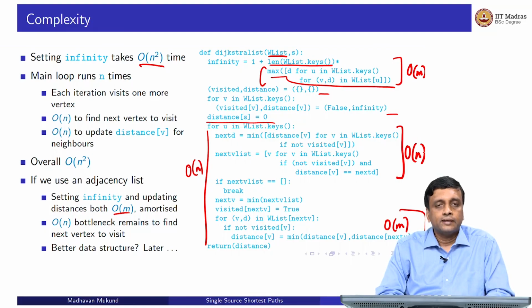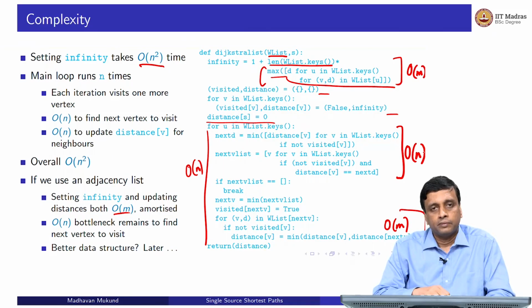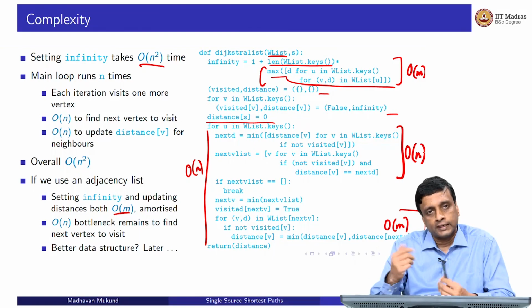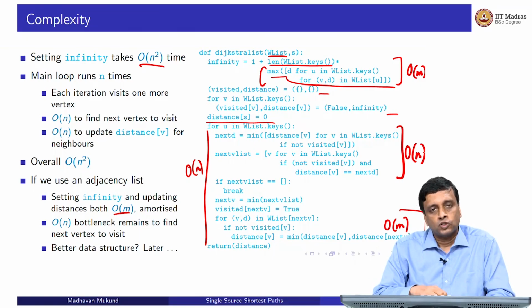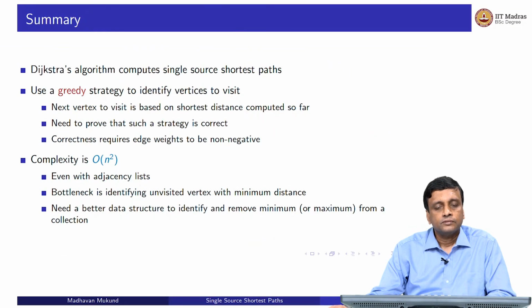We will see later that it is a useful thing to be able to take a collection of values and extract the minimum. If it is sorted, of course, I can extract the minimum, but if it is not sorted, we can still do something clever and extract the minimum fast, and that is what we will need to do. But till we have that, we are stuck with this problem that Dijkstra's algorithm takes order n squared time, whether you use an adjacency matrix or a list.